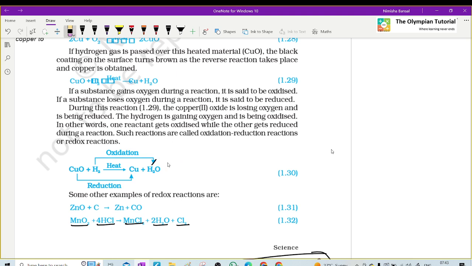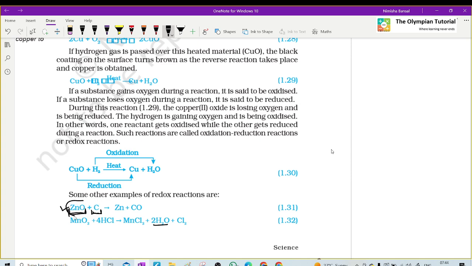Some other examples of redox reaction: ZnO plus C gives Zn plus CO. In this reaction, oxygen is removed and here oxygen is added.